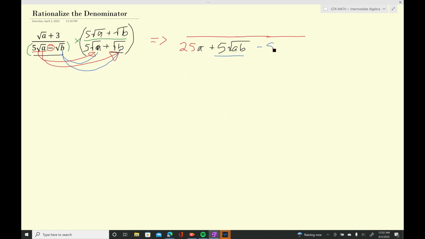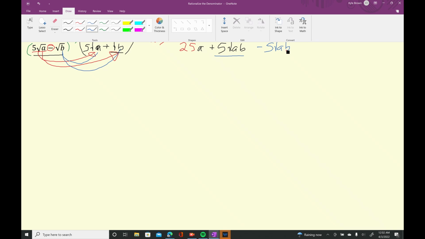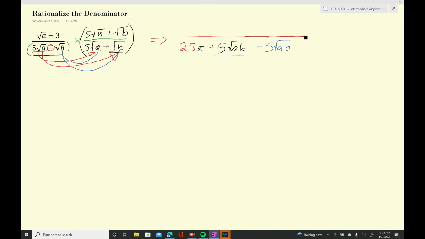So it's going to be negative 5 square root ab. And then the square root of b times the square root of b is just going to give us a negative b.